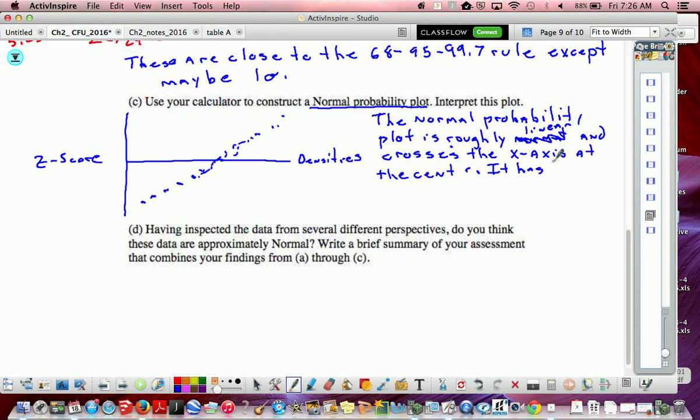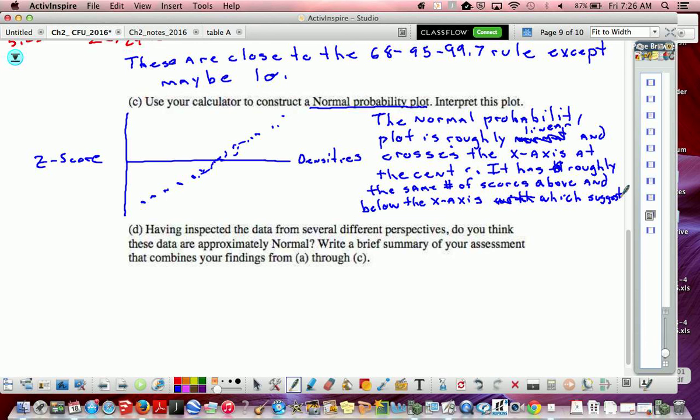It has roughly the same number of scores above and below the x-axis, which suggests this data, or I should say this distribution, is approximately normal.